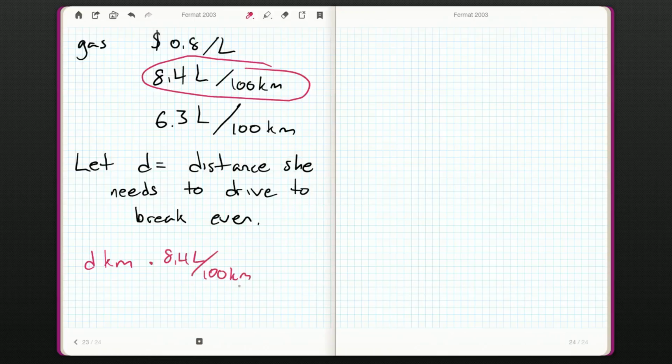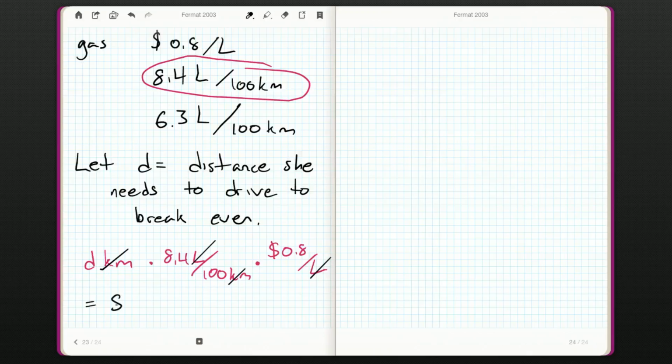So now the kilometers will cancel out. We'll be left with liters. I don't want liters, I want dollars. So what thing gets rid of liters? The gas divides by liters, and we're left with dollars. Okay. So we set up this equation, and we know it's right because the units are going to cancel out. Okay, and we'll just be left with dollars.